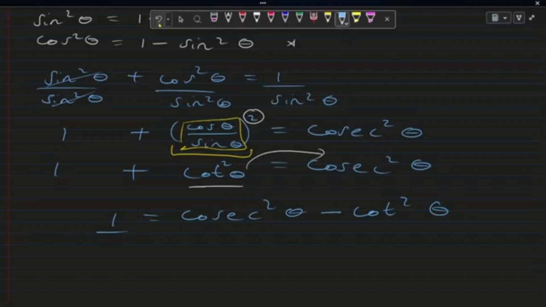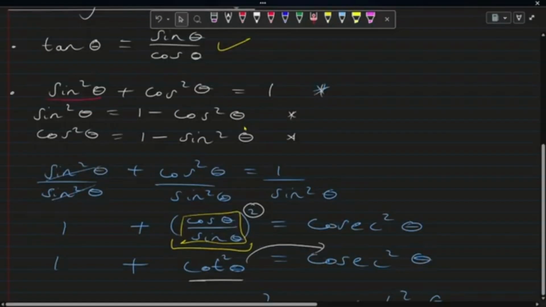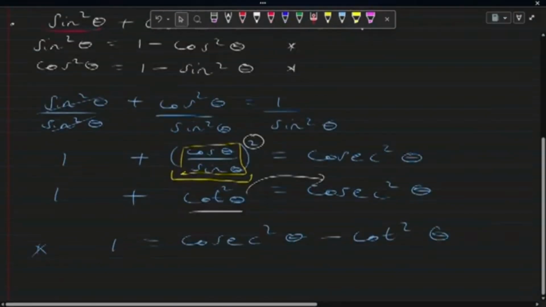So this is another identity that we derive from our main identity, this one.